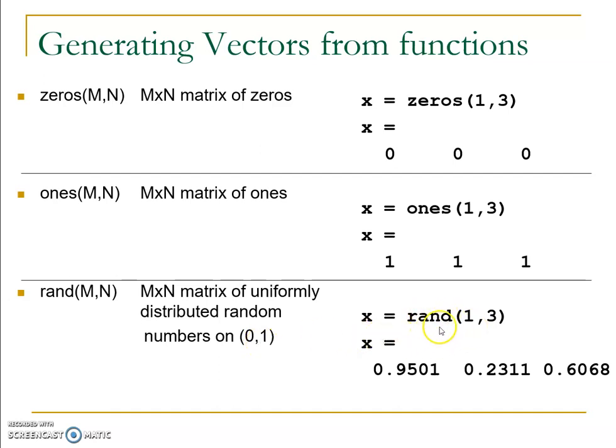So rand 1, 3, again the same, which is one row, 3 columns. All the numbers created in this matrix will be between 0 to 1 only. Are these 3 inbuilt functions the only functions in matrix? No, there are many. I'll list down a few of them.